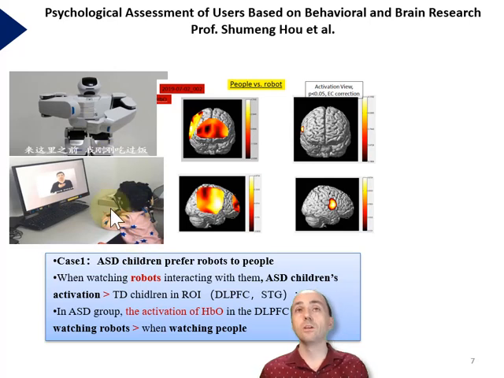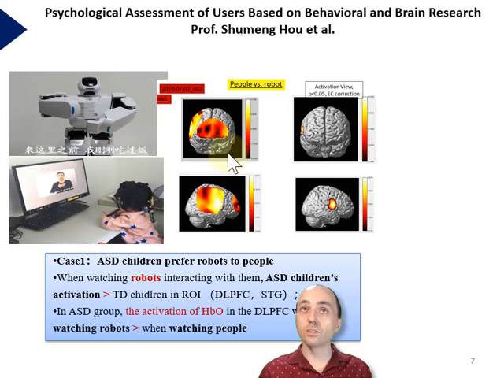And then we use the brain signal to try to understand the interaction between the children and the robot or the human and so on. So it uses a lot of technology.